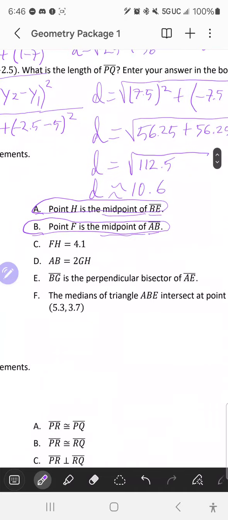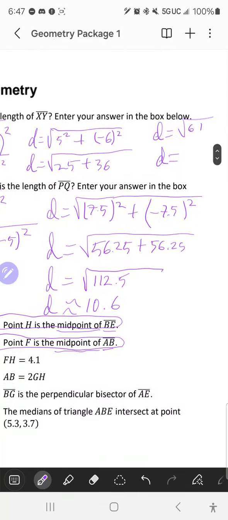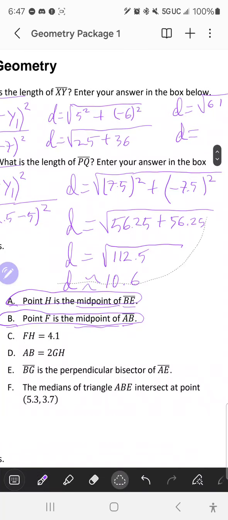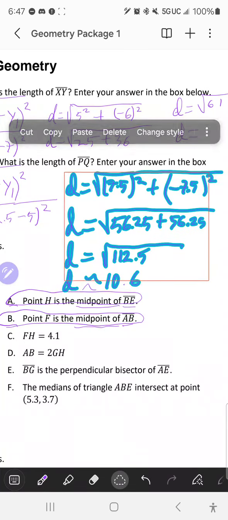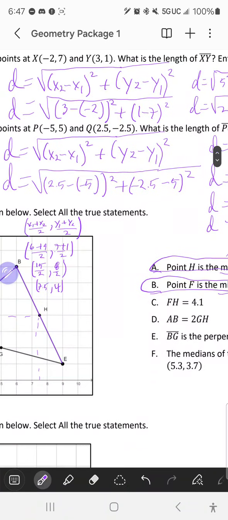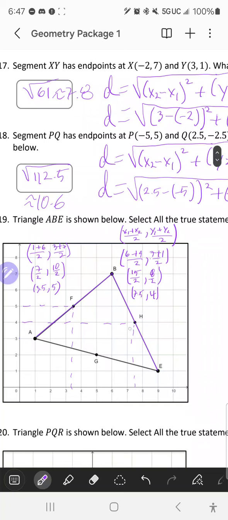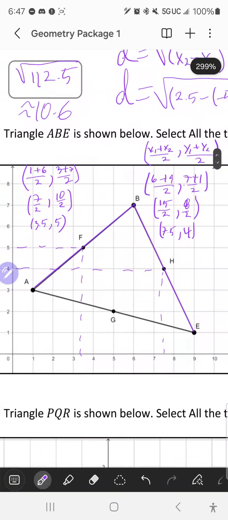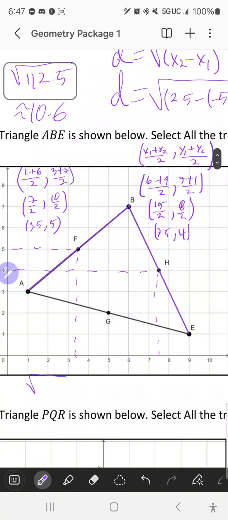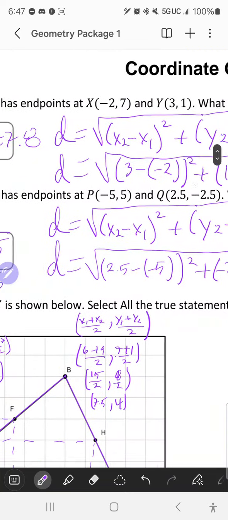Now, you want to calculate the length of FH to see if it is 4.1. So we want to use the distance formula. Let me put this smaller so it doesn't occupy space in the bottom part. Now let's calculate the distance for FH. Here we have F, and here we have H. I'm going to substitute everything directly without writing the formula, since it is right here.